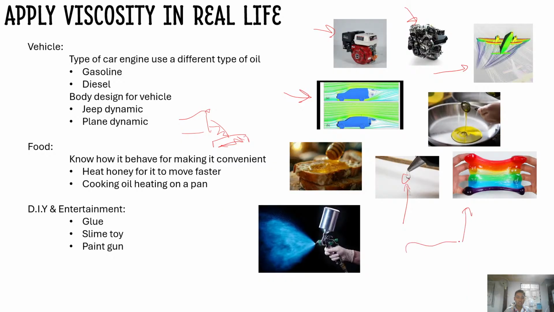The sticky, slow little thing that caused me trouble in elementary school. It's helpful, as well as a paint gun. You want it liquid, and when you paint it, you want it to dry. You can use viscosity to solve it, not mainly, but part of it.